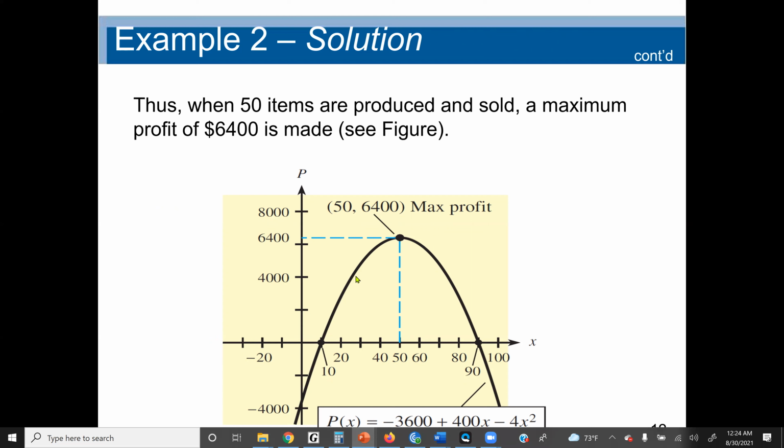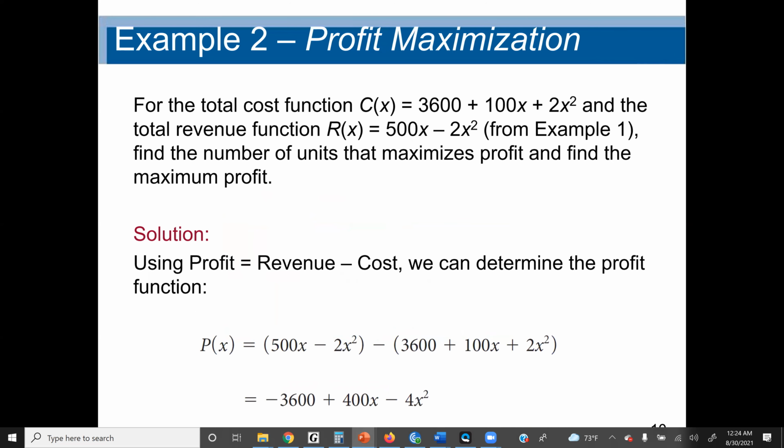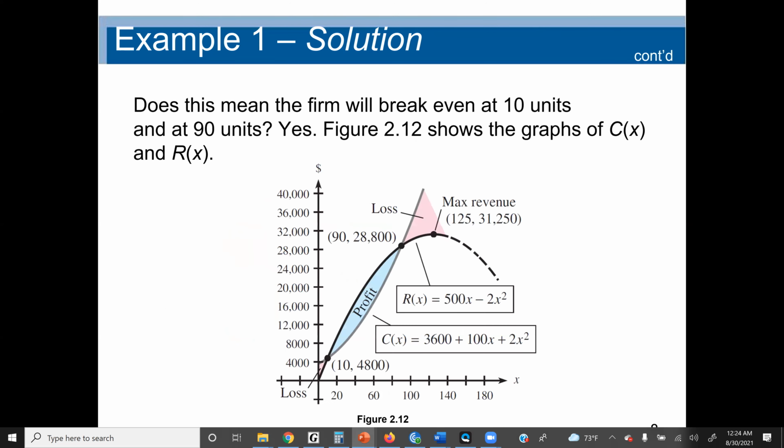Again, this graph is only for the P now. It's not the C, it's not the R. As we can see previously, we have the C and R here.